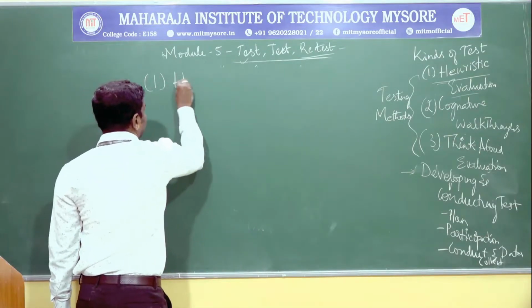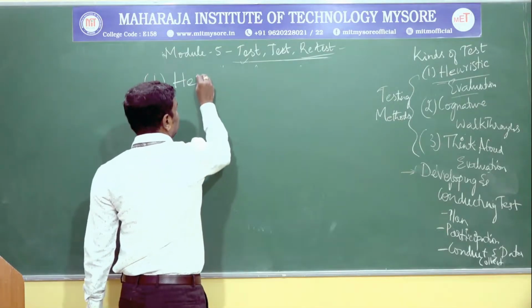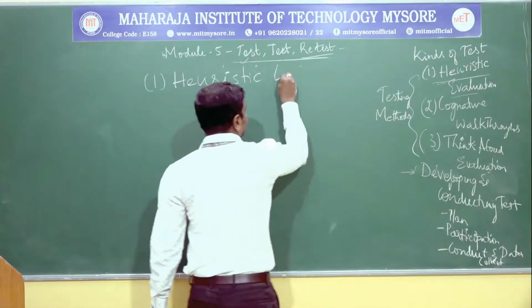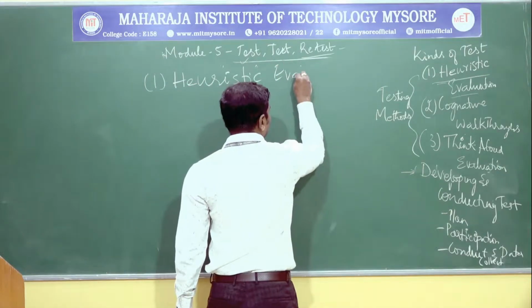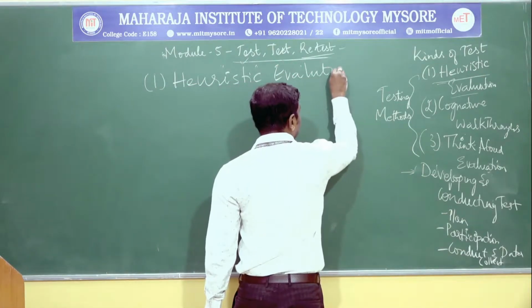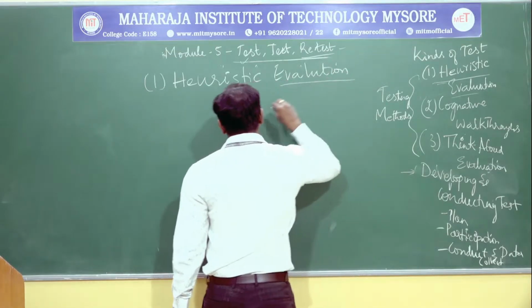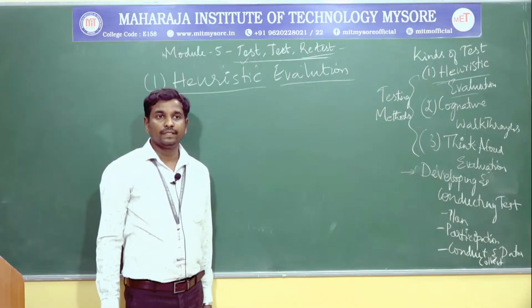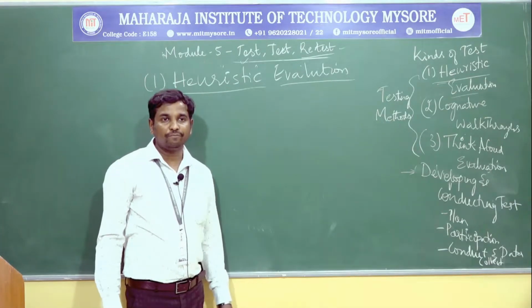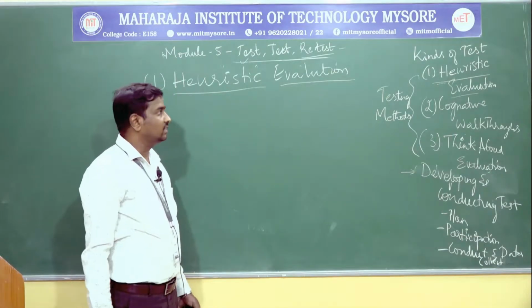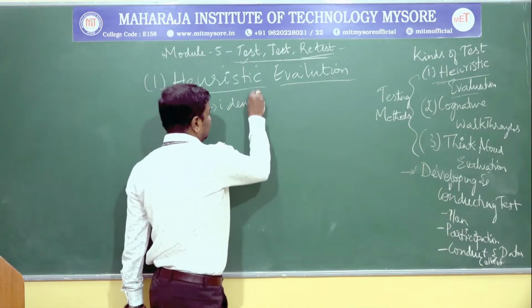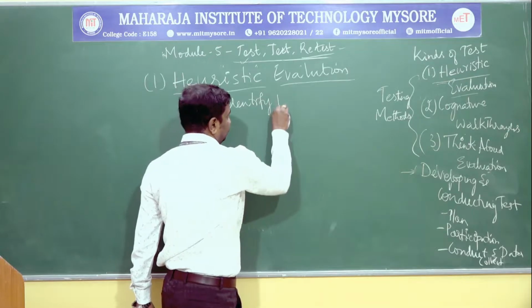This is one type of testing. Heuristic, we call it evaluation. We evaluate the user's learning by giving a prototype to the users. By this we can easily identify the problems he is facing.